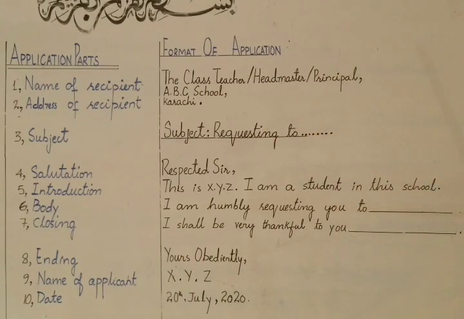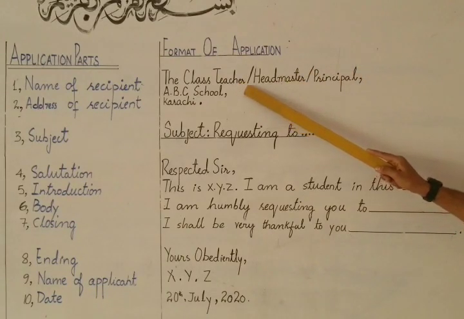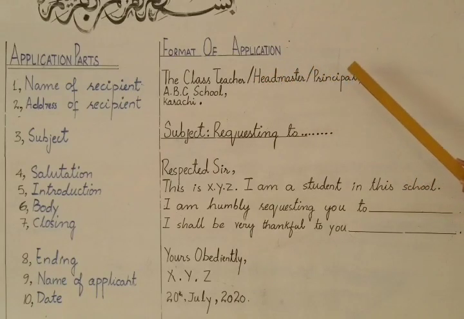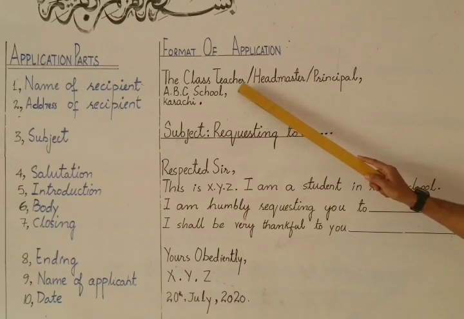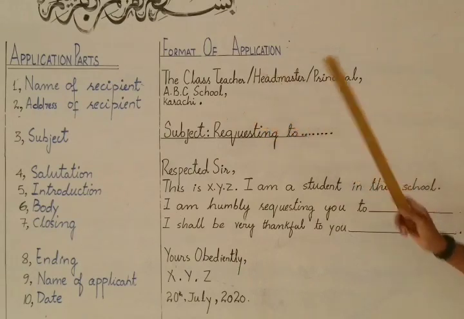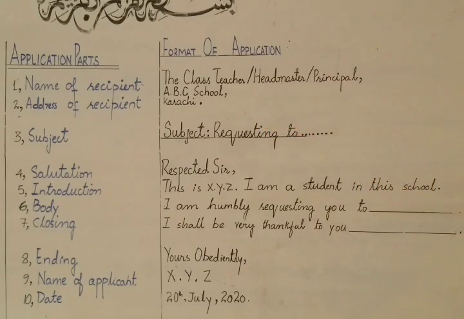First we will write the name of recipient and the address of recipient, the class teacher, the headmaster or the principal, comma, A dot B dot C dot school, comma, Karachi, full stop. After writing the name and address of recipient, you will skip a line.